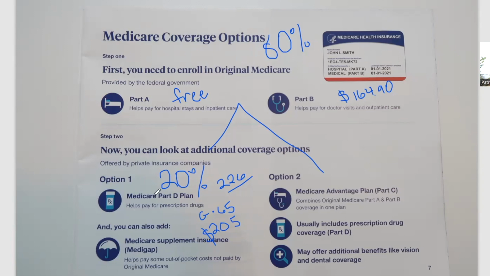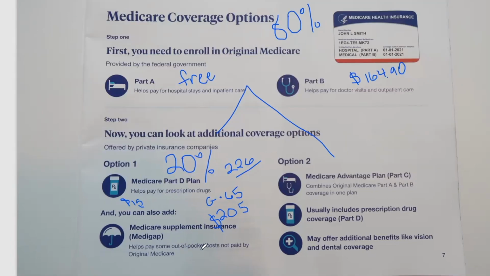You also need a drug plan as well. Depending on the medications that you take, it could be about $15 per month or more. Like I said, we would have to research your medications to see which Part D drug plan will work for you. So we're looking at about $390 per month for a supplement.